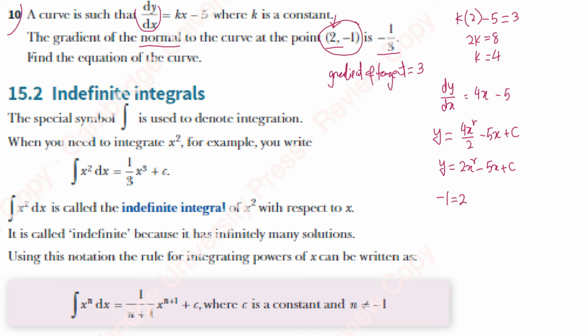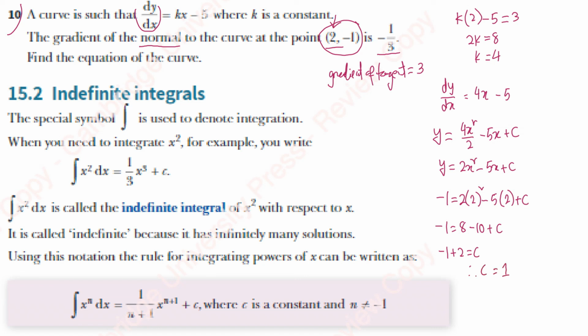Minus 1 equals 2 into 2 squared minus 5 into 2 plus c. So minus 1 equals 8 minus 10 plus c. From there, c equals minus 1 plus 2, which is 1.